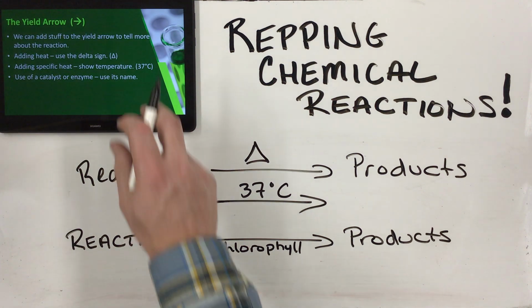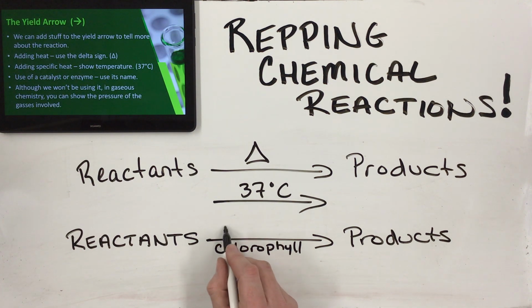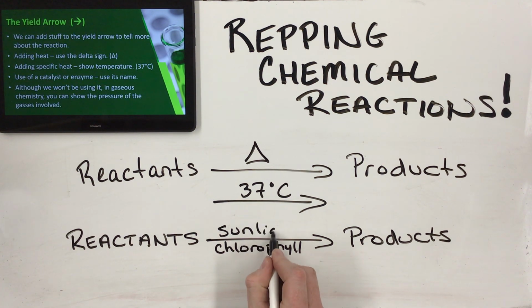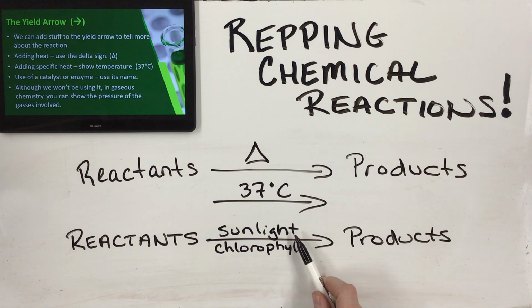Or I can use the name of a type of energy. I need sunlight to do this. Sunlight is a form of energy, and energy is not made of atoms, so it can't be a reactant, can't be a product. And sometimes in chemistry, what we'll see, very similar to our temperature, if we're using gases, we'll see the pressure.